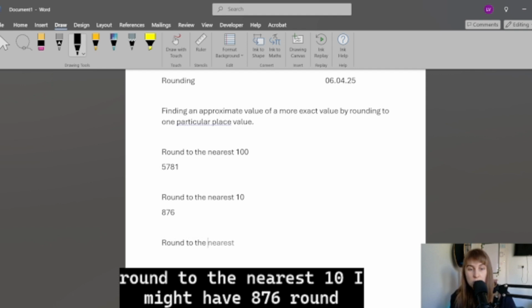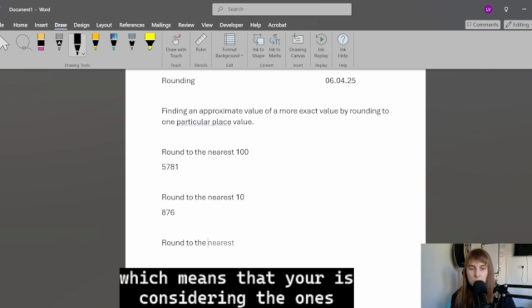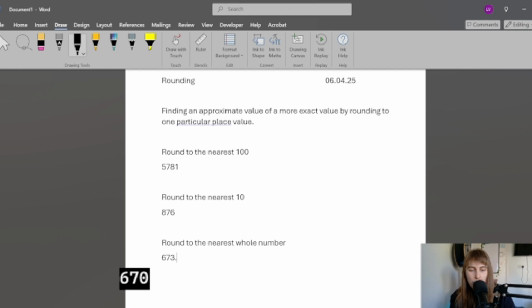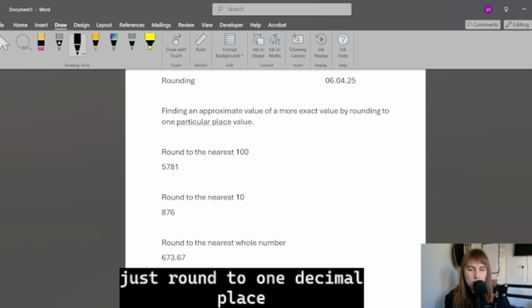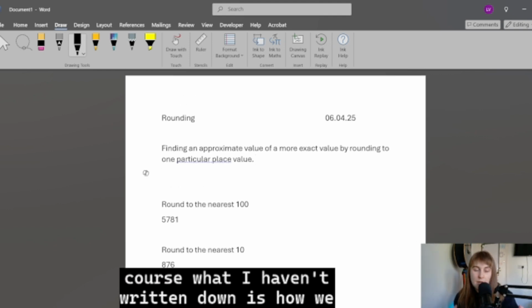Round to the nearest whole number, which means that you're always considering the ones column, 673.67. And then we'll just round to one decimal place. So we have 78.923.